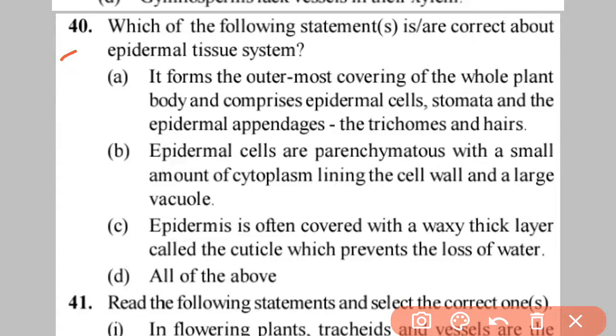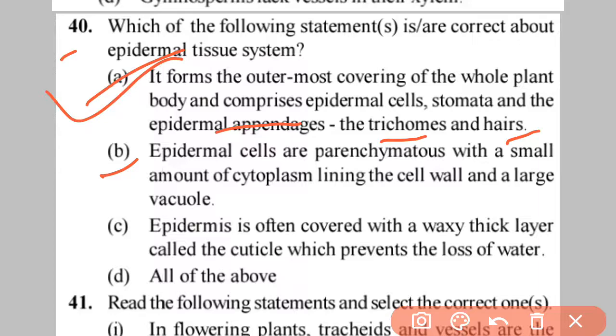So let's check here. We have to find the right one. First is, it forms the outermost covering of the whole plant body and comprises epidermal cells, stomata and epidermal appendages, the trichomes and hairs. Yeah, this is correct. Let's check the second one.